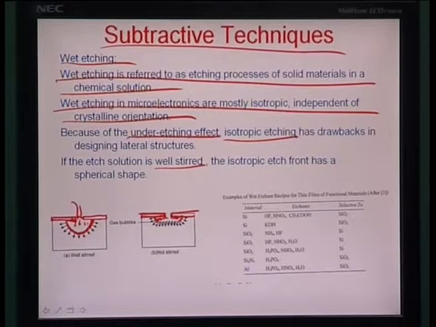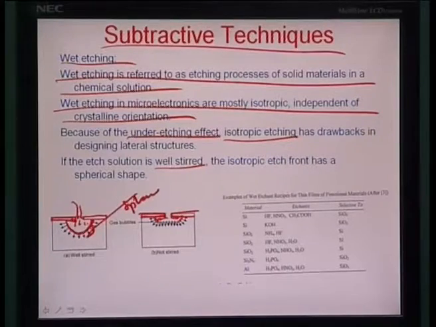One important thing to note is that if the etch solution is well stirred, as the etching continues, the shape will be more spherical in nature, as you can see here, because the homogeneity of the etch is maintained and the solution is continuously recirculated across the edges. As opposed to that, where it is not properly stirred, there will be a preferential etch direction which is more to the side than to the bottom.